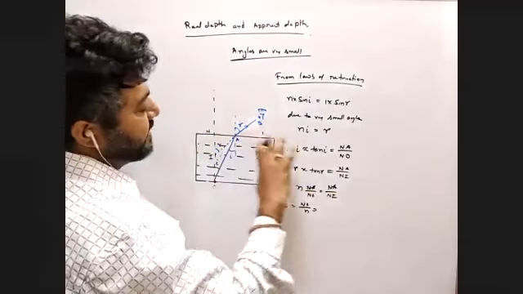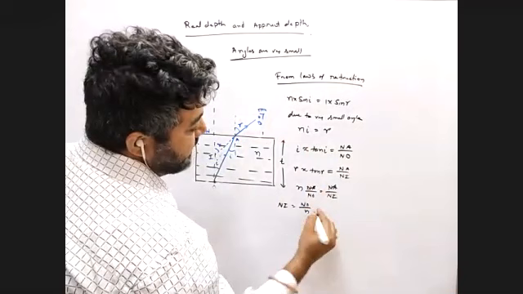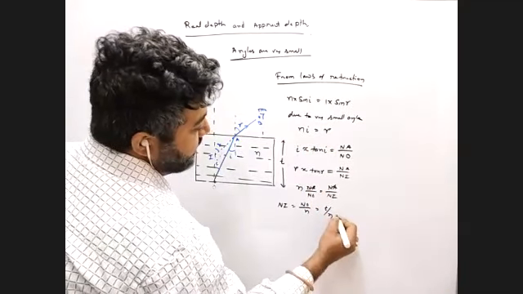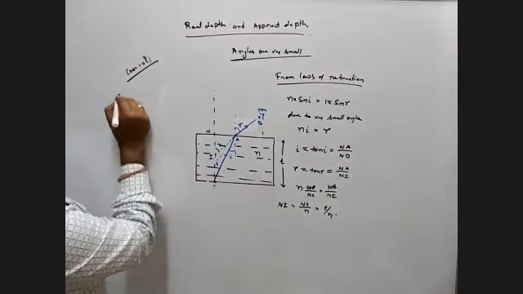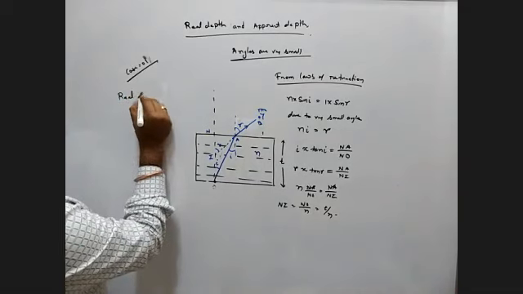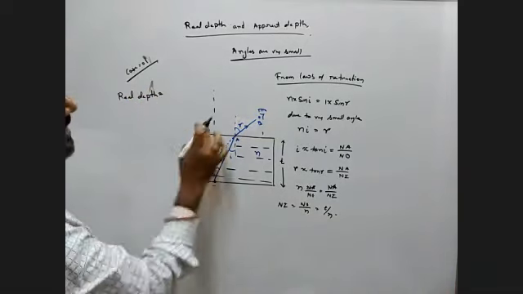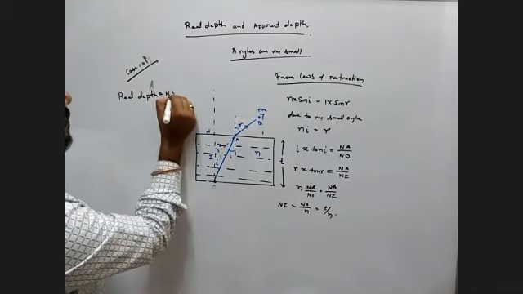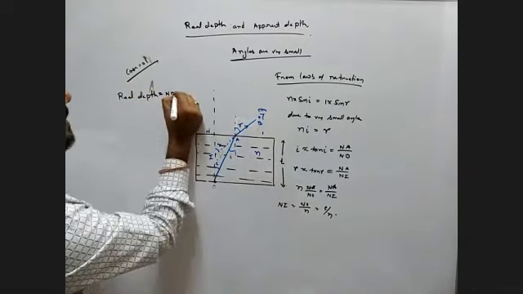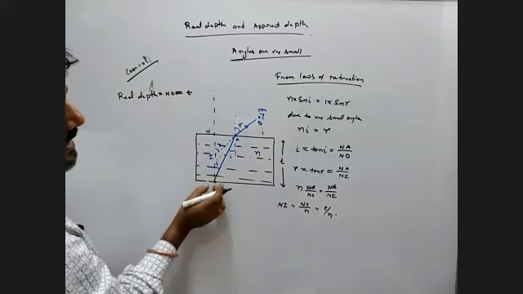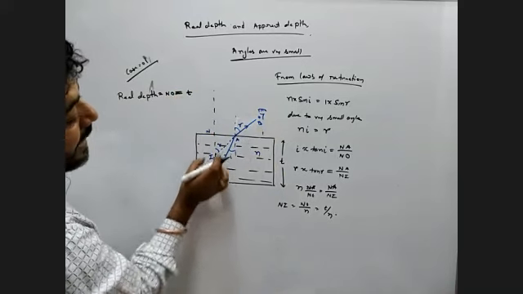What do you mean by real depth? No is T, so you can write T by N. So now what we can say, real depth, which is No, how much? T. Now this is the actual depth and you see it appear here.